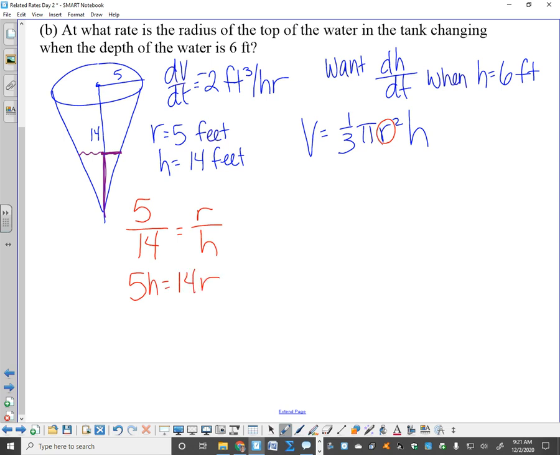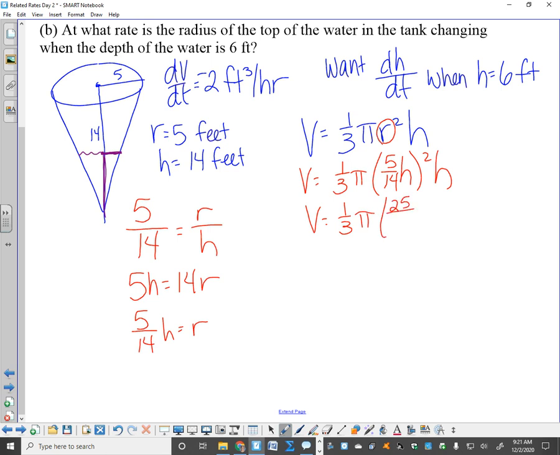And I'm trying to replace r, so I'm going to solve for r. Now I'm going to go replace. And then I'm going to clean up. 1/3 pi, that's 25. 14 squared is 196.